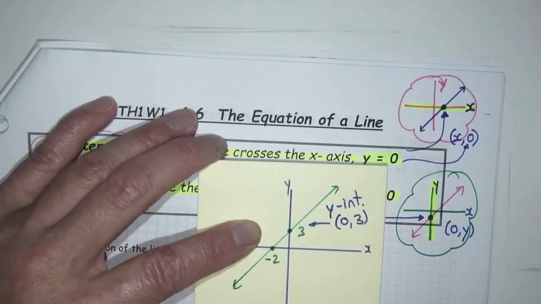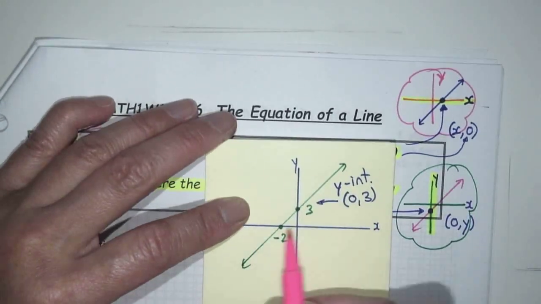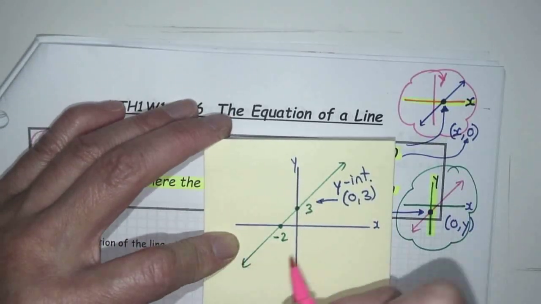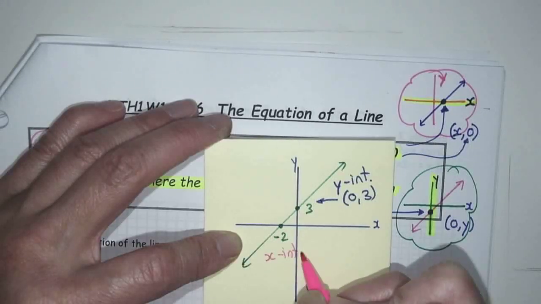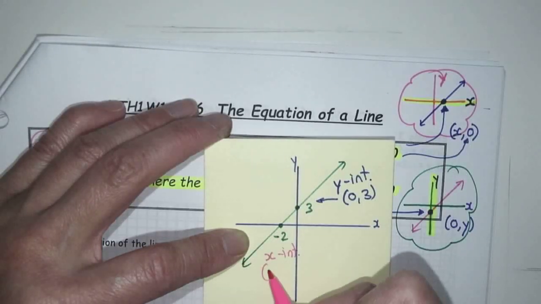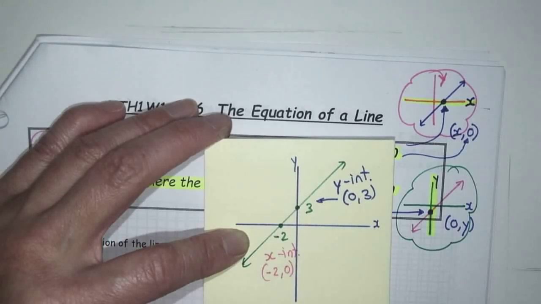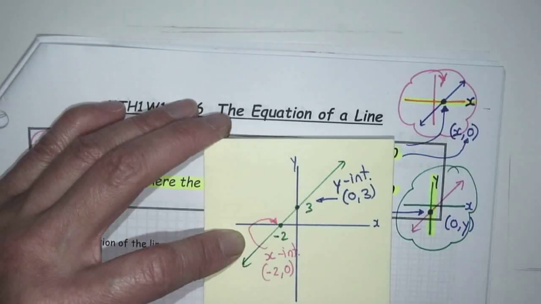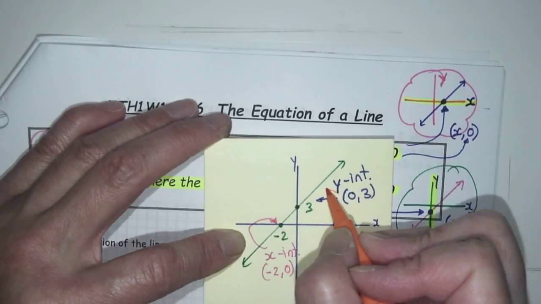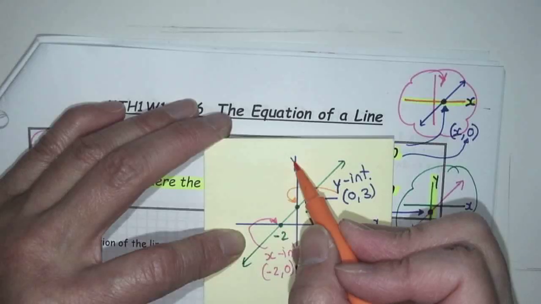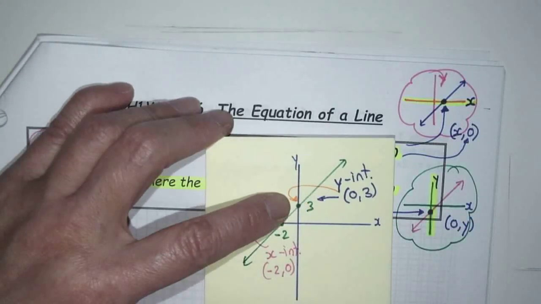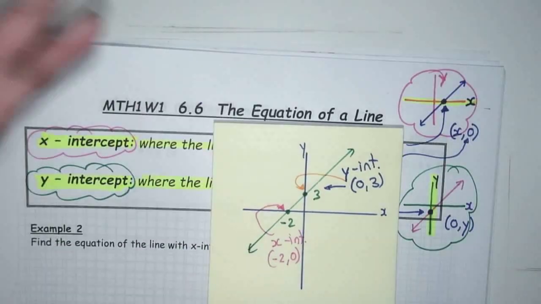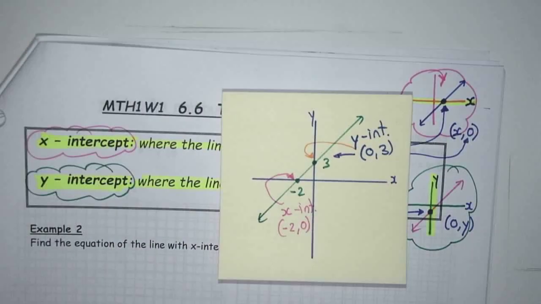On the x-axis, this value here would be my x-intercept, at -2, 0. Does that make sense? When it crosses the y-axis, that's my y-intercept, and wherever it crosses the x-axis, that's my x-intercept. That's a definition you're going to have to know from now on.